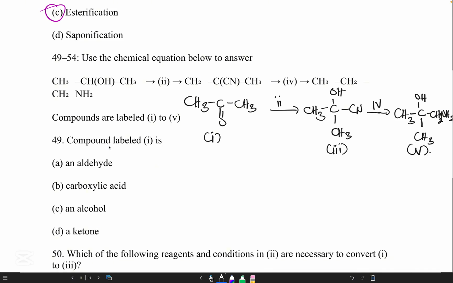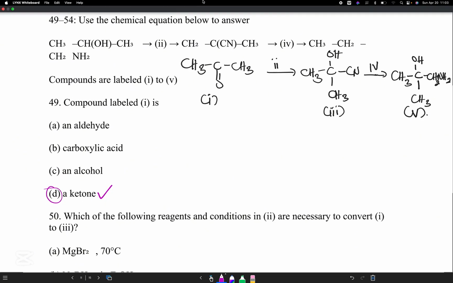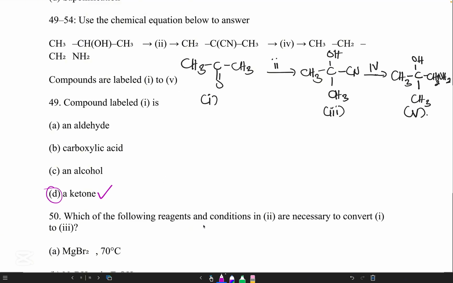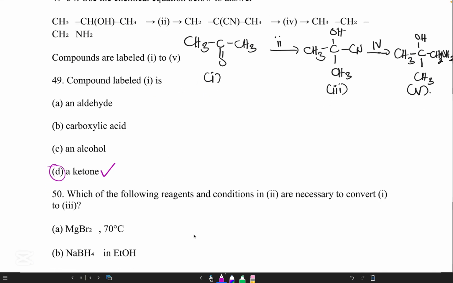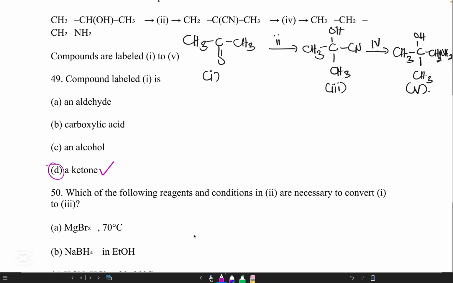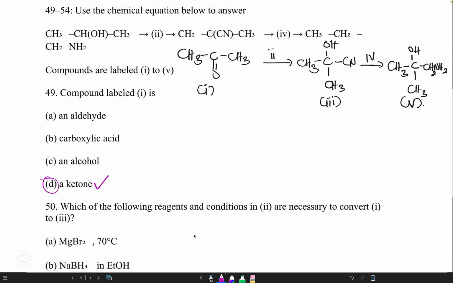And they now ask you, compound I is a ketone. You can see it's evident there that compound I is a ketone. As a matter of fact, it's 2-propanone. So compound I is a ketone. This is correct. Which of the following conditions or reagents are necessary to convert I to III? That means to convert this to this.